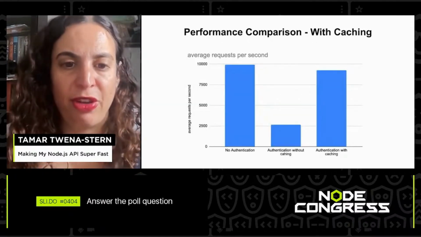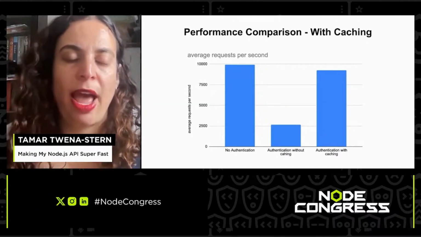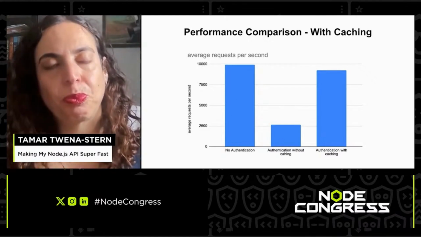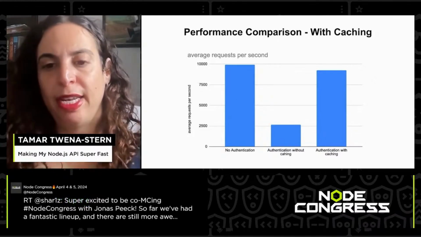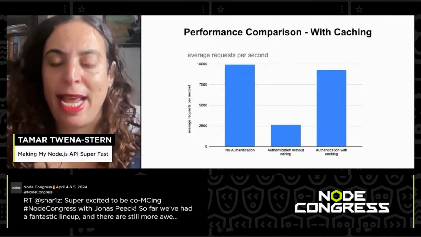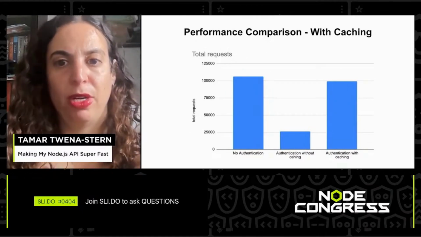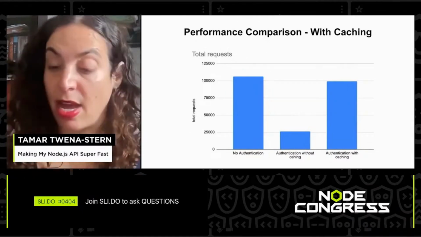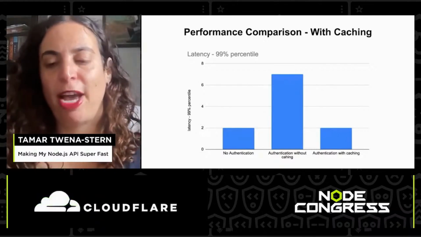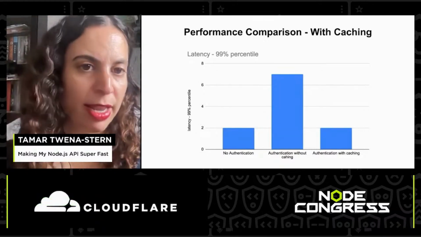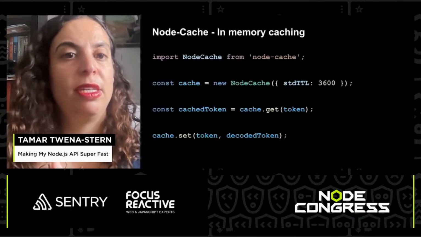Here you can see it visually. When we add caching, it is close to what we have when we're doing no authentication at all. So adding caching to the authentication layer solved the problem. We can see it with different measurements, and the latency is back to what it was. So that was the bottleneck, and the performance problem was solved.